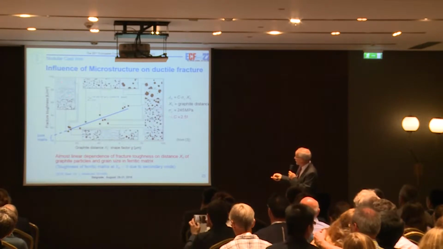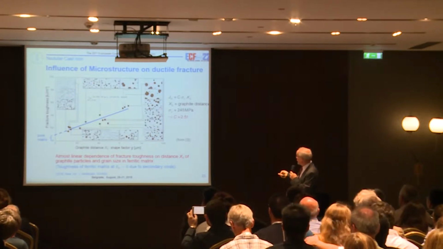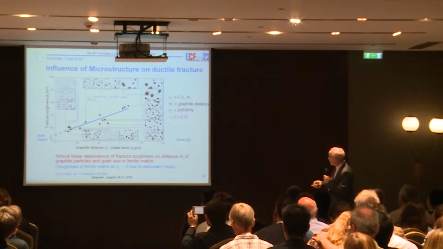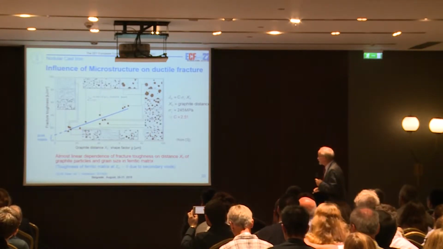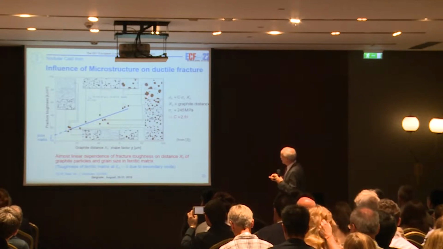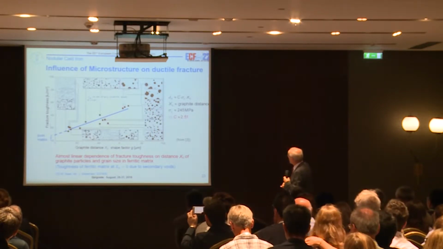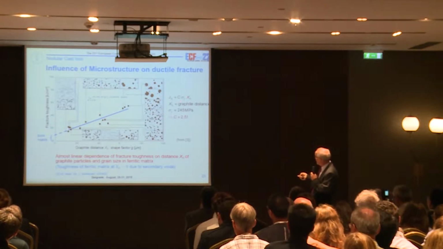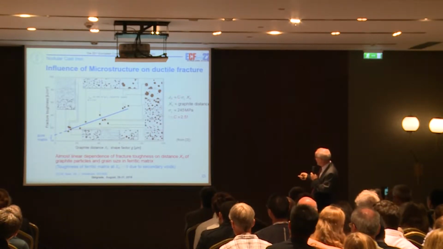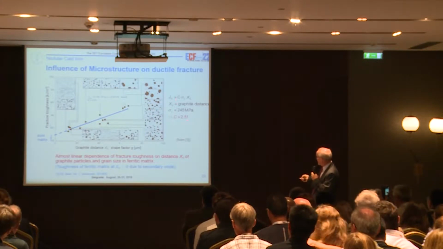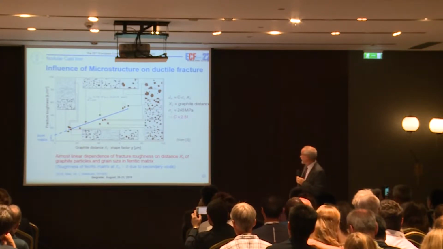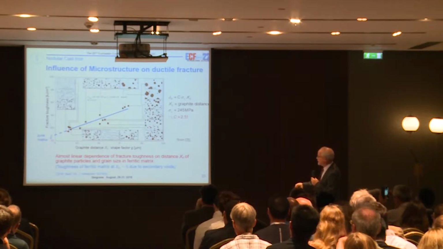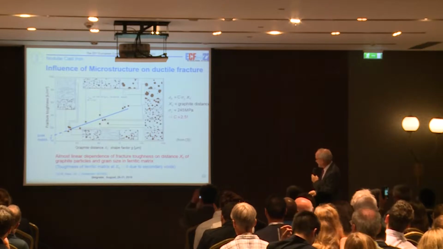Here small particles and small grains, here large particles, large grains, large distances, and the fracture toughness increases with the distance, and one can fit a line here, and this is exactly our equation. And if we now determine the slope, the parameter C, we come up with 2.5. Here it doesn't go to the origin because the pure ferritic matrix has also some toughness.